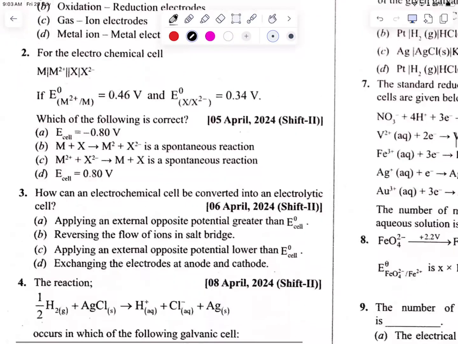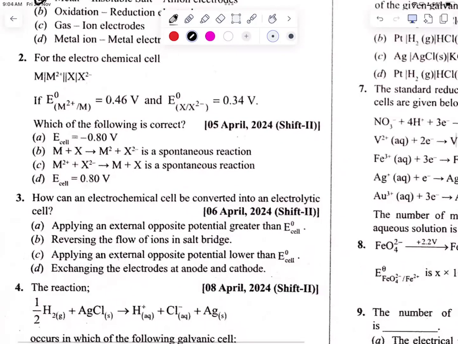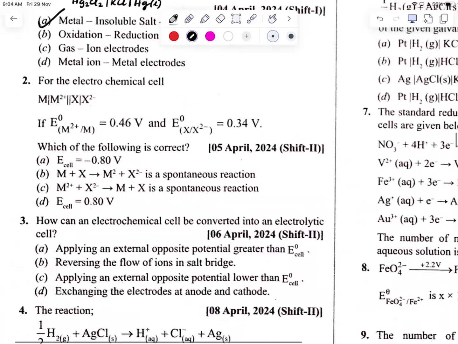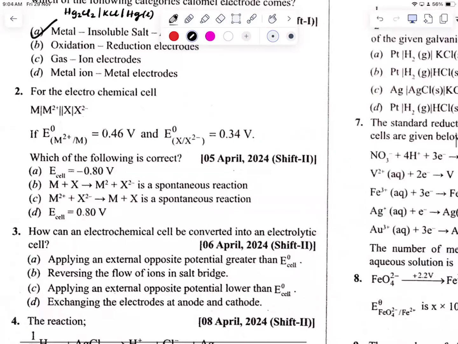See, next question. There is a representation of the cell given, and E naught values are given. Which of the following is correct? What will be the value of E cell, and is it spontaneous, and in which direction? That is the question. If you notice the reaction here, M plus X is giving M2 plus X2 minus.